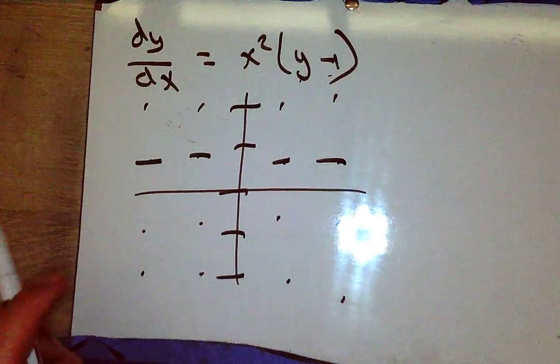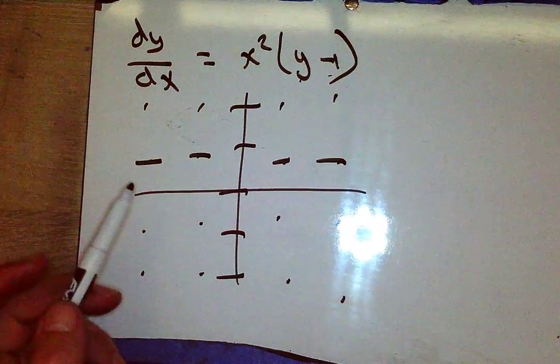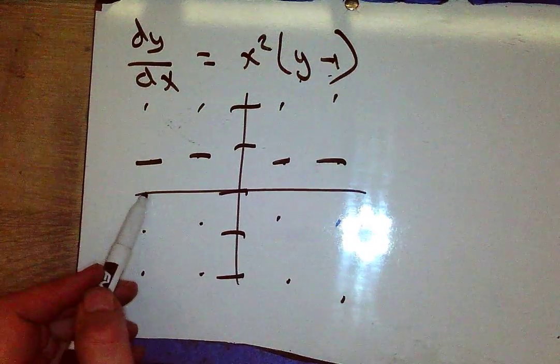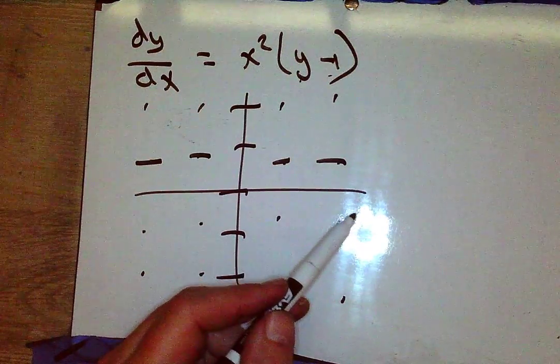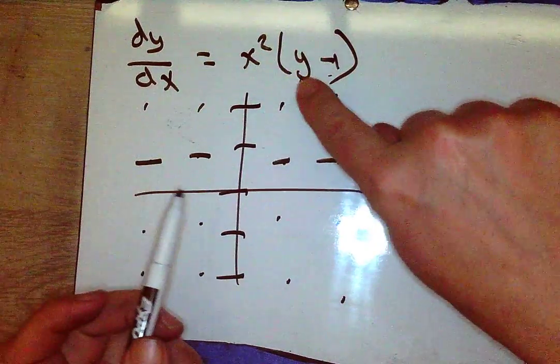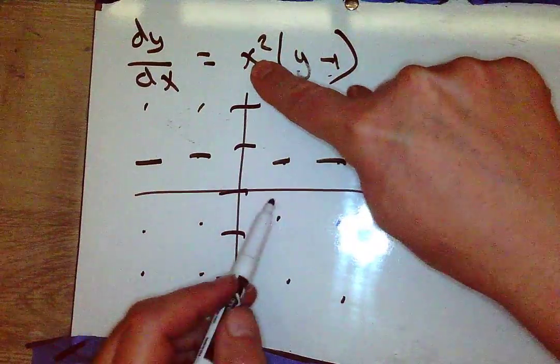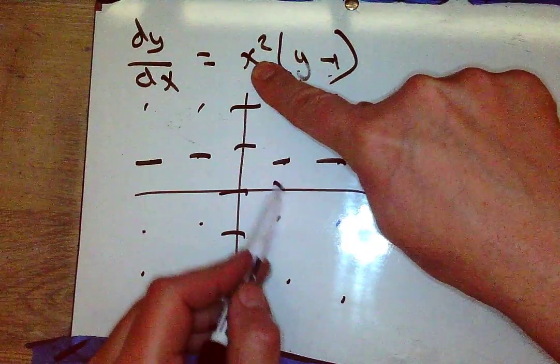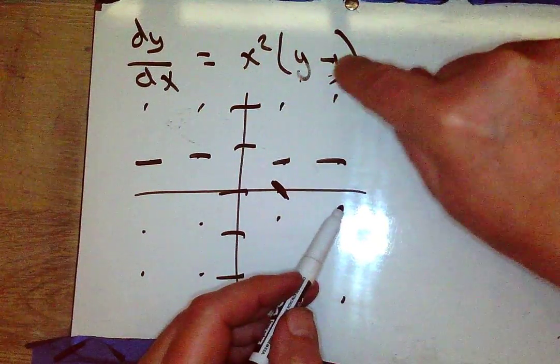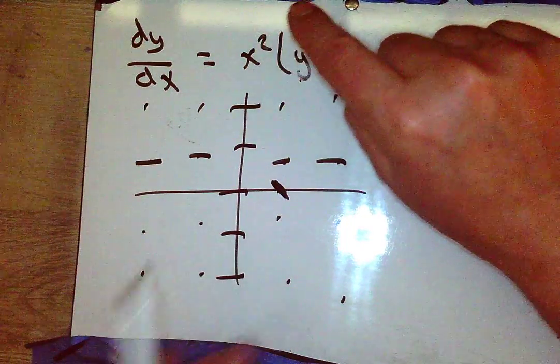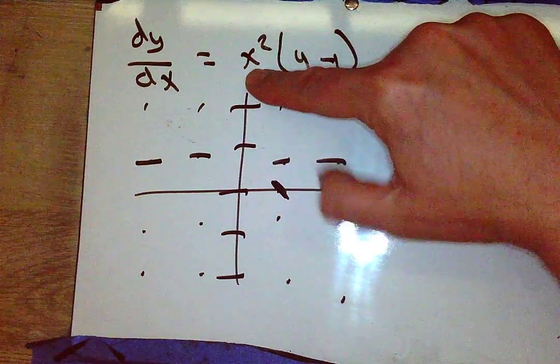Okay, what about down here? What about y equals 0? Well, I'm going to have negative 1 times the x value. That's going to be negative 1. And I'm going to have negative 1 times 4.